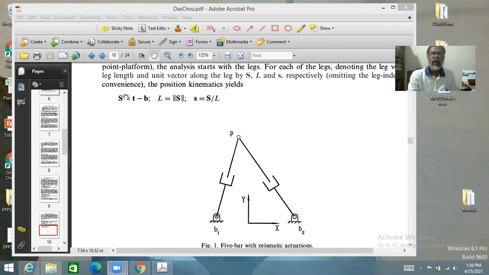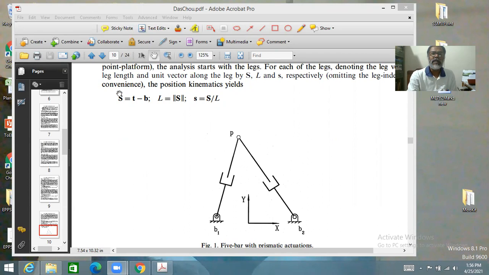Now, from the leg analysis, I remove the subscript for convenience to write less. So for each leg, this top point T minus this base point B is this.